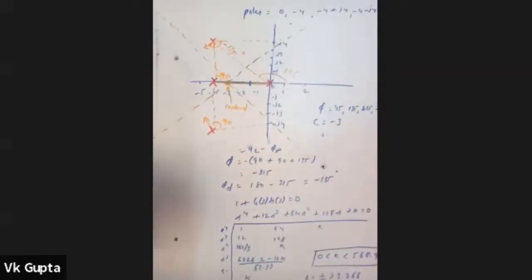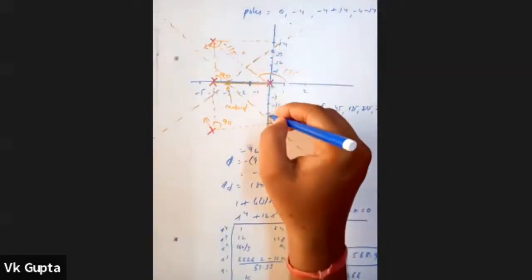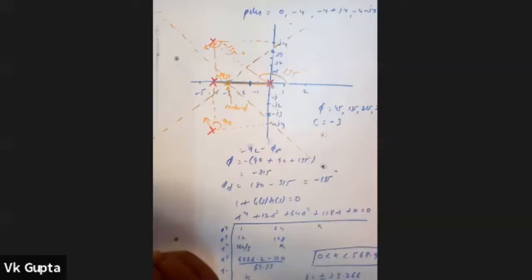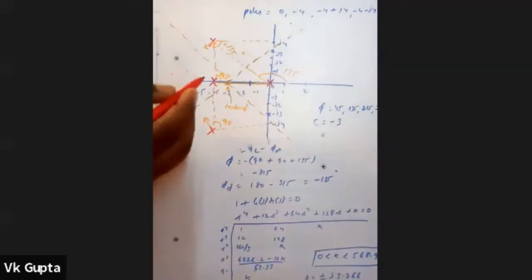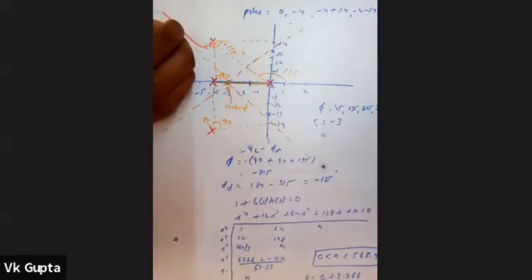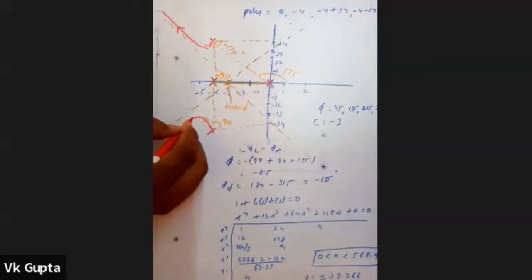Now let us mark 3.2 somewhere here, mark it. Now it is time to complete our root locus. So I'll start from here. This will travel at 135 and then it will go up. This will travel at 135 and it will go up.